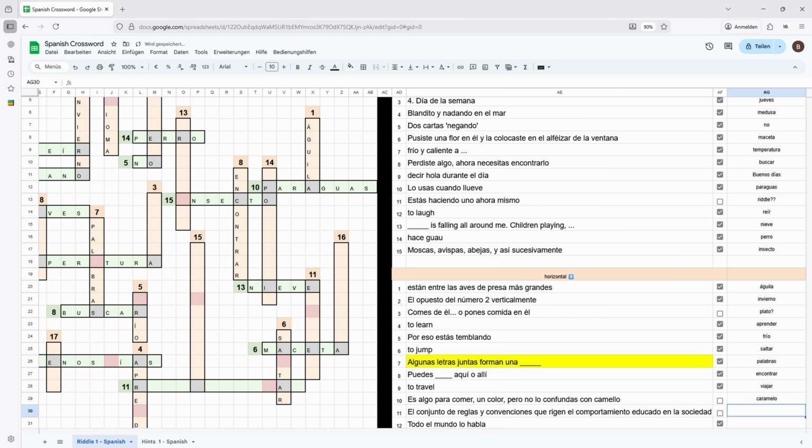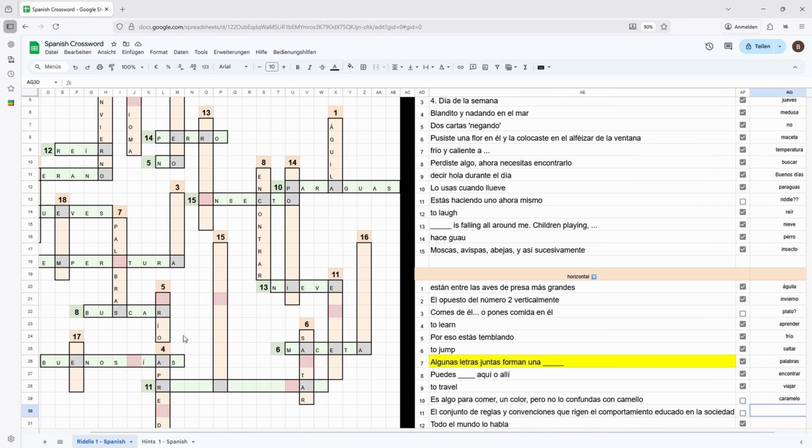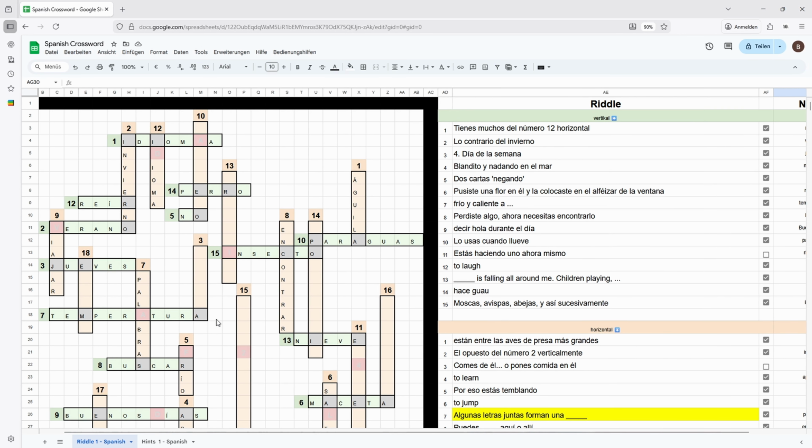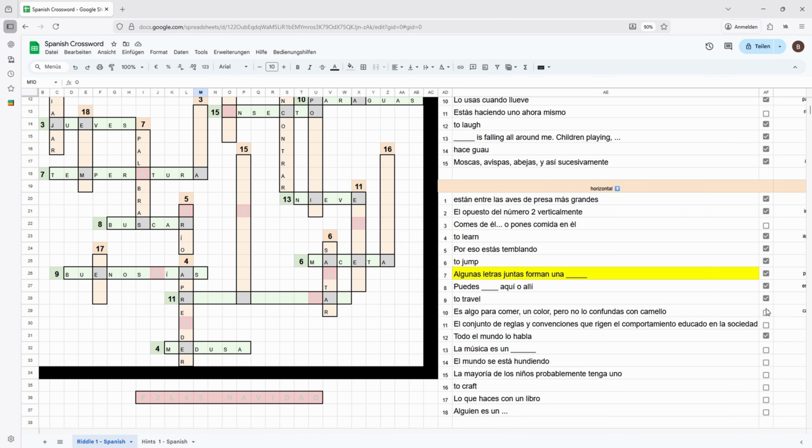Is it right? I think I wrote it correct. 10. There's an A, so that works. Then we have an R, A. It works with the letters, so it's caramelo. Maybe. Check.